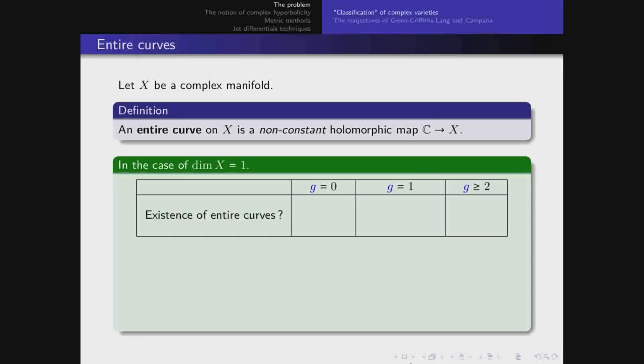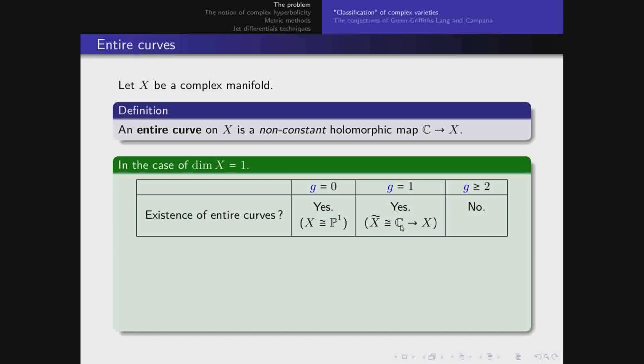So for example, in the case of genus 0, we know that X, your manifold of genus 0, is P1. So you can find many entire curves inside P1. And similarly, in the case of a genus 1 projective curve, you can also find many entire curves on it, since its universal cover will be C.